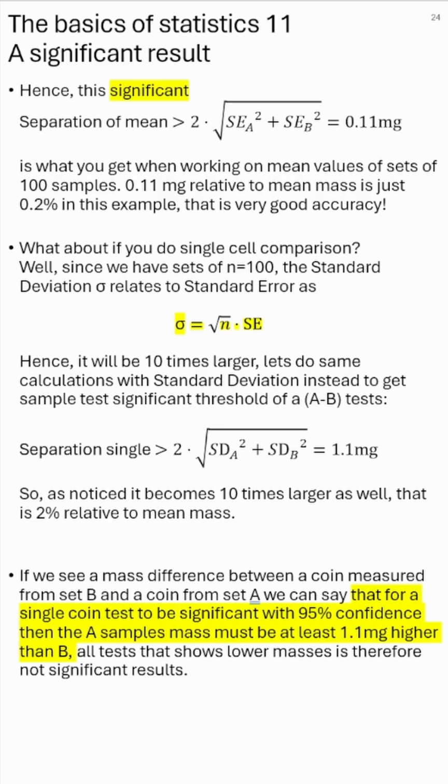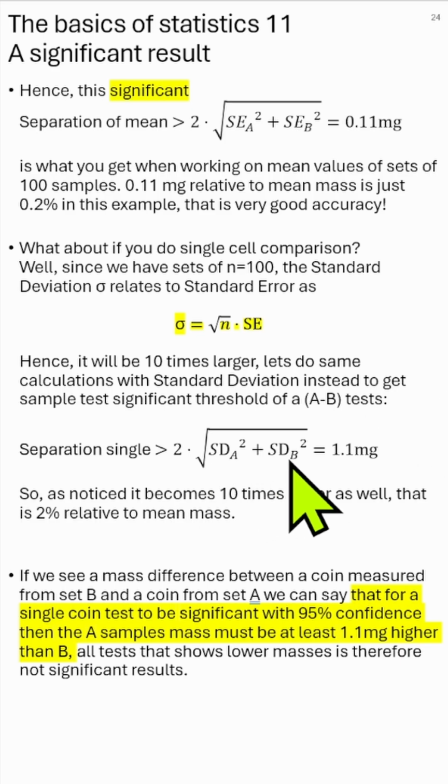So what about if you instead do a single cell comparison on this data set? Well, since we have the set of n equals 100, the standard deviation, sigma, relates to the standard error, as we said earlier, by the square root of the number of samples, hence 10 times larger. So let's do the same calculation with standard deviation. We get the significance threshold on single samples, the A minus B test.